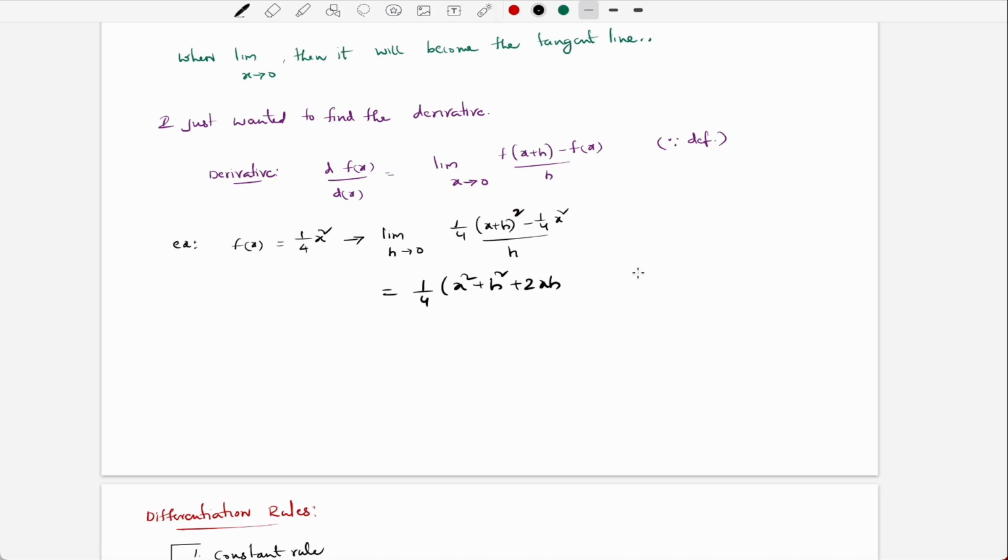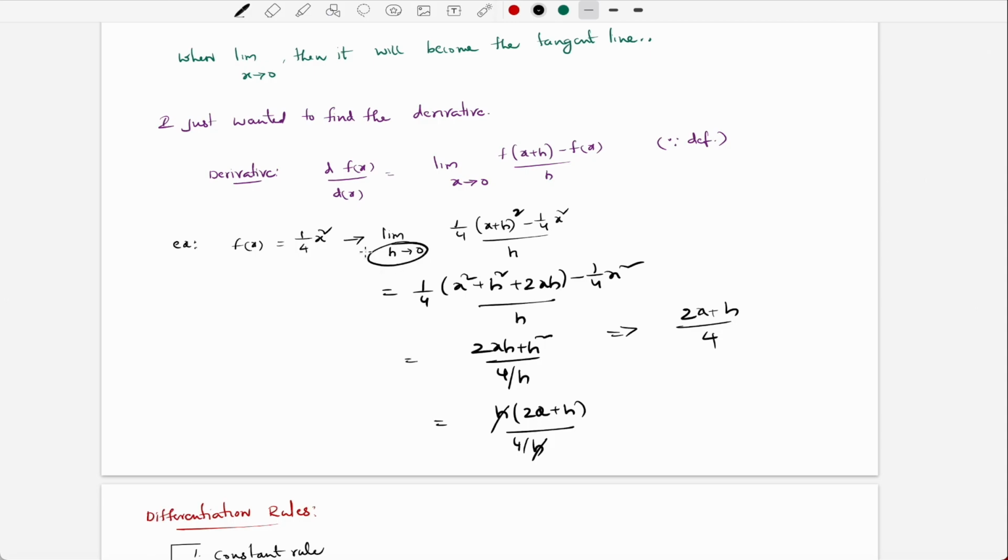I'm just multiplying with these, and this is 1 by 4x square by h, right? If we multiply these two, we get 2xh plus h square by 4 by h. If we take the h common, we just simply cross out the h value here, and it will become like 2x plus h by 4.